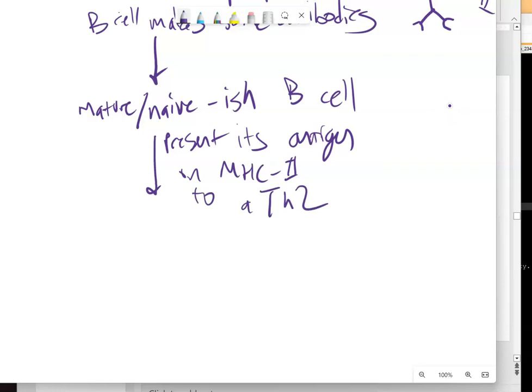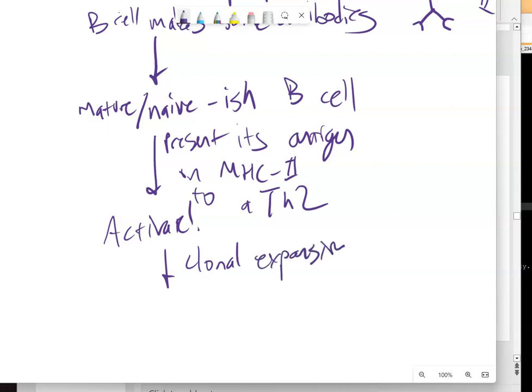And if the helper T cell type 2 recognizes it, then it will activate. It'll go through full activation. It'll go through clonal expansion. It'll go through, or its daughters will go through, differentiation.